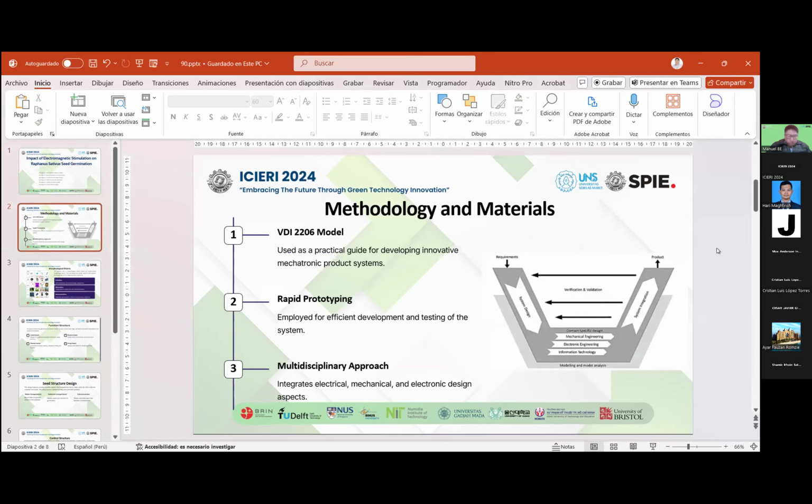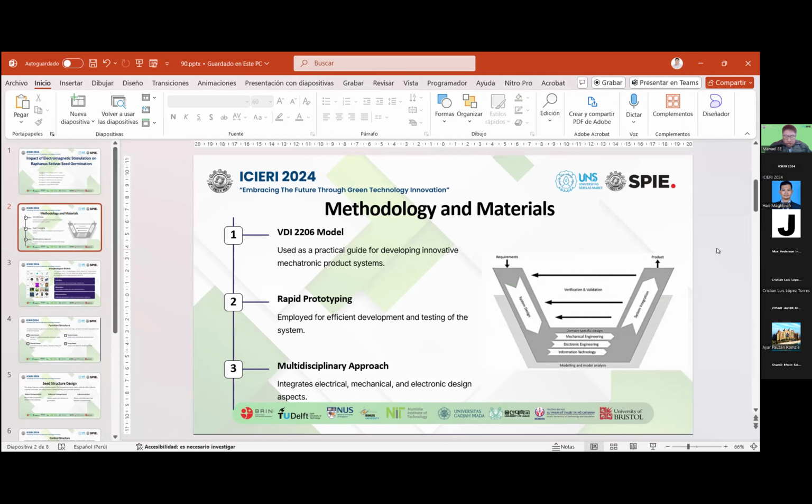Materials and methods. This article is structured considering the methodology, the materials to be used, and the presentation of the results obtained. In addition, aspects such as information technology, electrical design, and mechanical design will be addressed in a comprehensive manner.